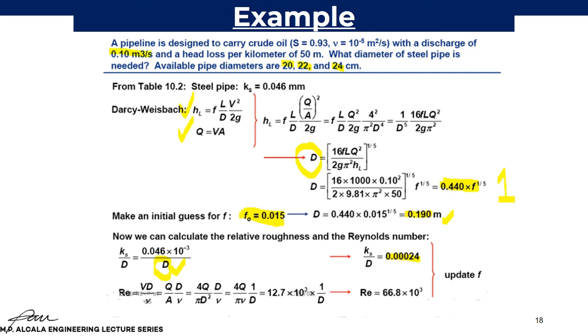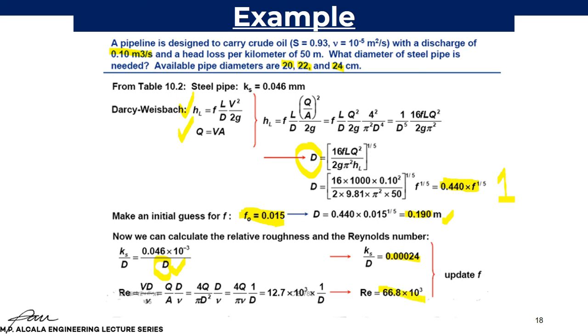You can simply solve for the velocity given the discharge and the area, because the area is dependent on the diameter. Since you have an assumption for the diameter to be 0.190, you can use that. So solving further, we will get the Reynolds number to be 66.8 times 10 to the 3.